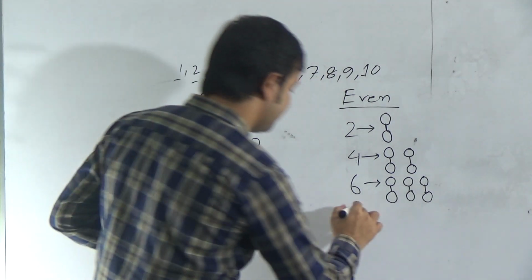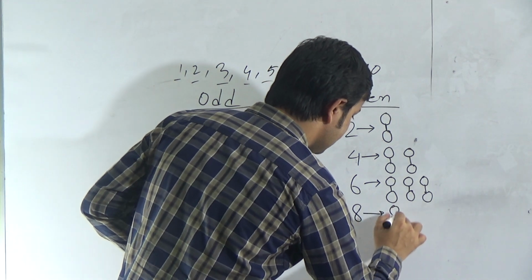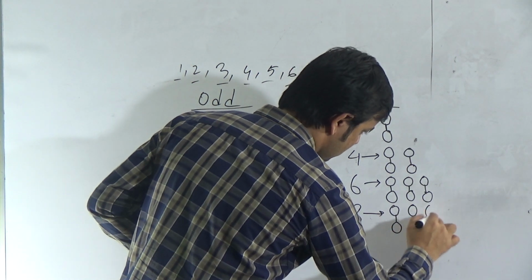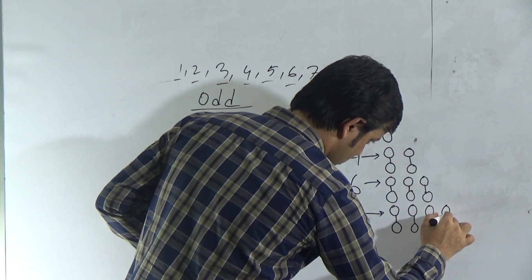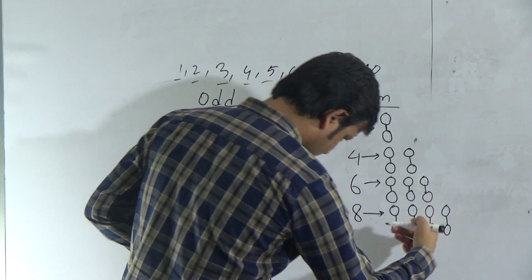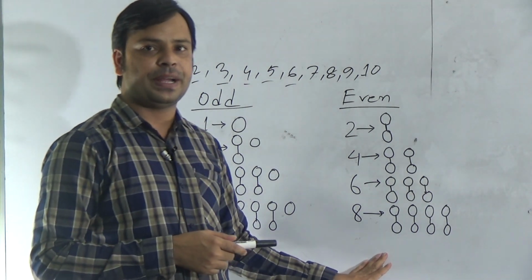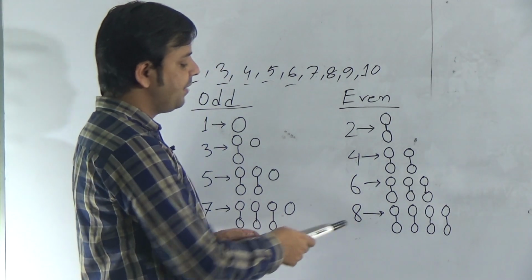Now 8. We can express 8 in this way. 8 balls. Here we have expressed 8 as pairs of balls. So 8 is an even number.